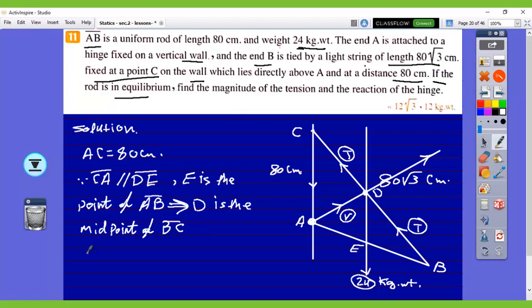So CD equals 80 root 3 divided by 2, which equals 40 root 3. So here the length of CD equals 40 root 3.